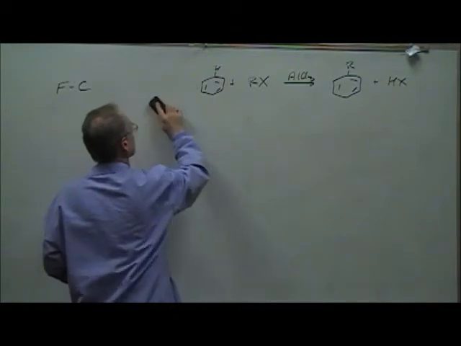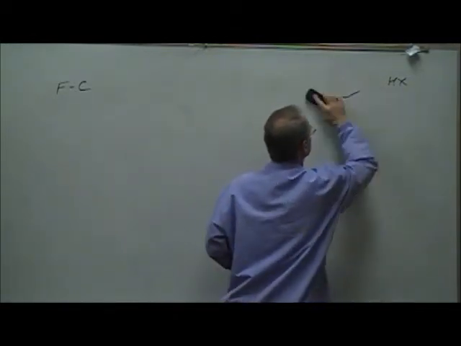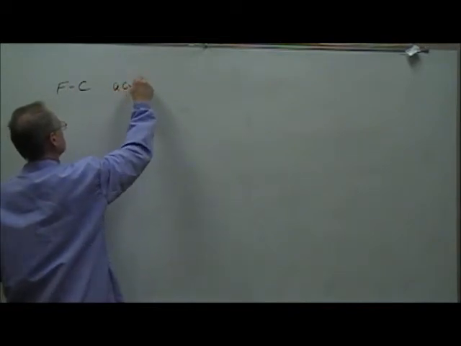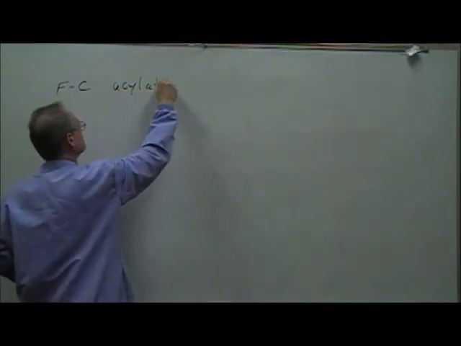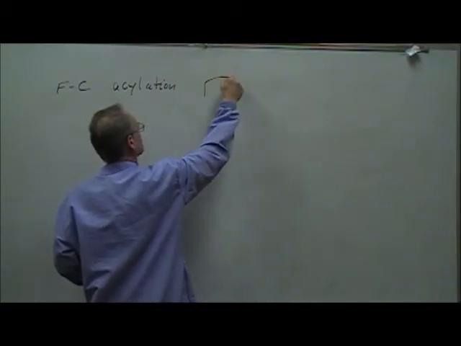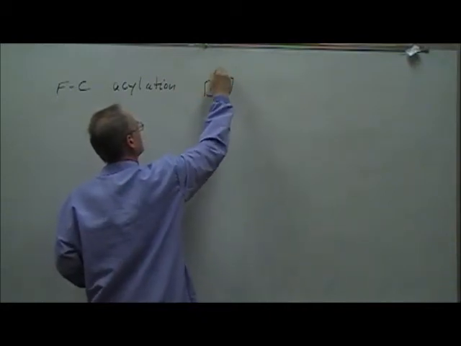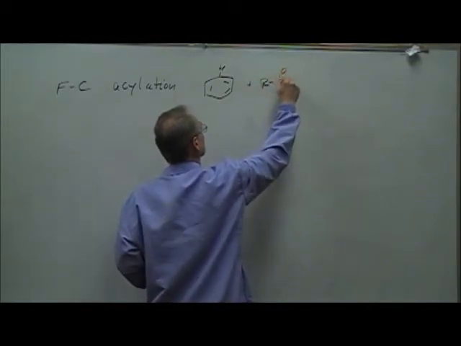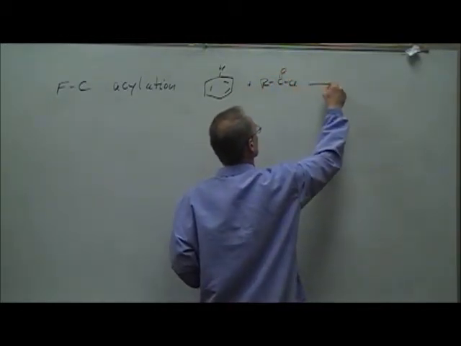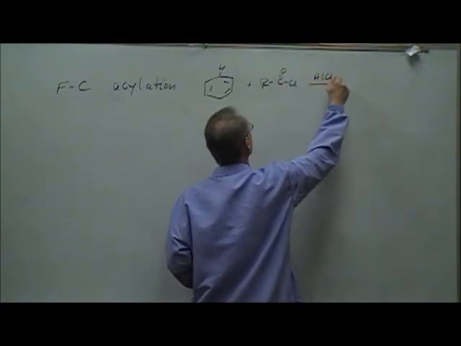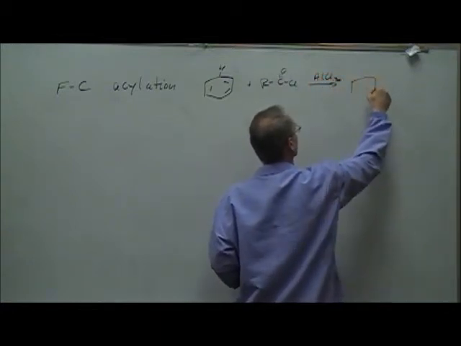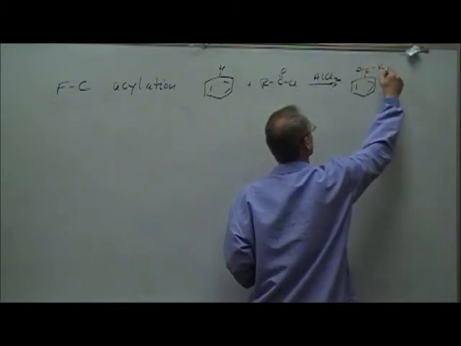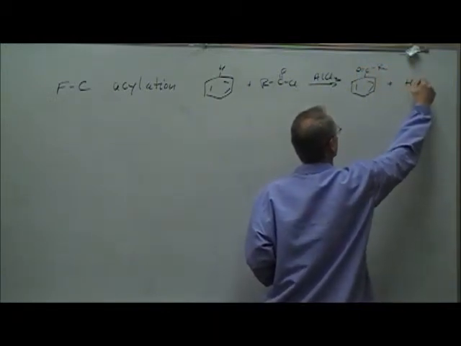So this is Friedel-Crafts acylation. Overall reaction, benzene with its hydrogen plus an acyl chloride with AlCl3 produces a ketone plus HCl.